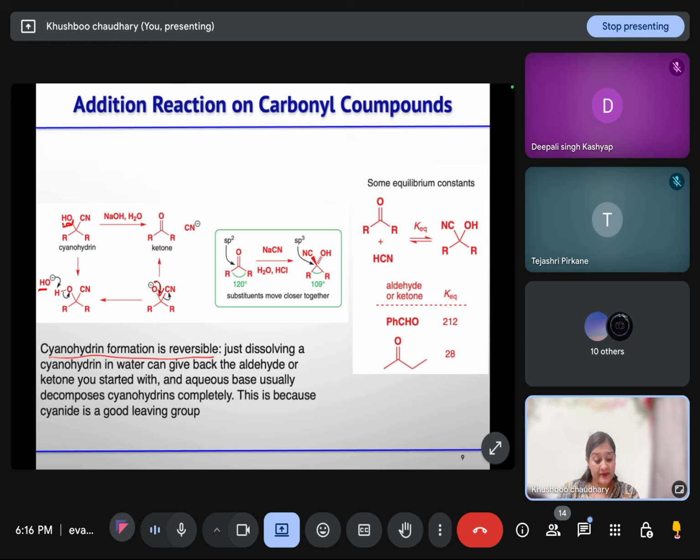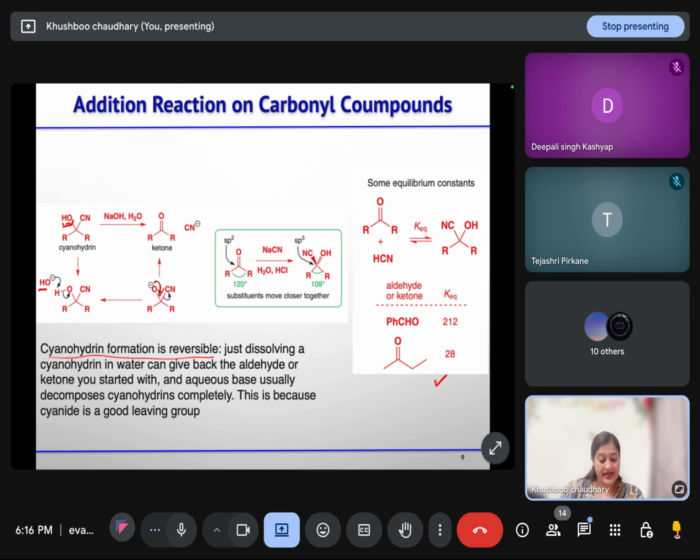Now, how will we decide whether the cyanohydrin will exist or the aldehyde or ketone will exist? From the data, we are measuring the equilibrium constant K for benzaldehyde and for ketone. It was found that for benzaldehyde, K is greater than that of the ketone.